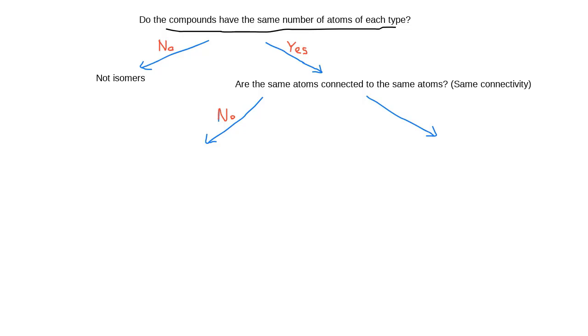In other words, it's not a carbon connected to another carbon, which is connected to two other carbons and an oxygen. If the same atoms are not connected in the same way, then they are structural isomers.